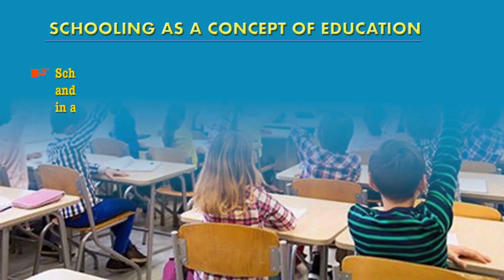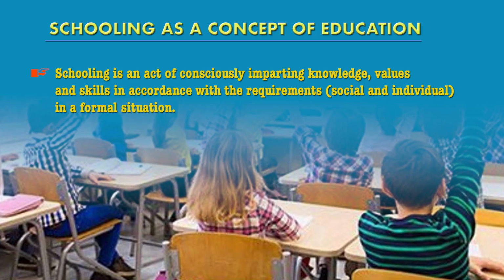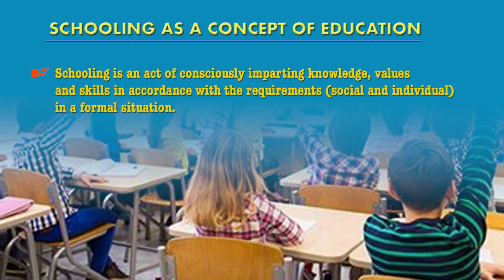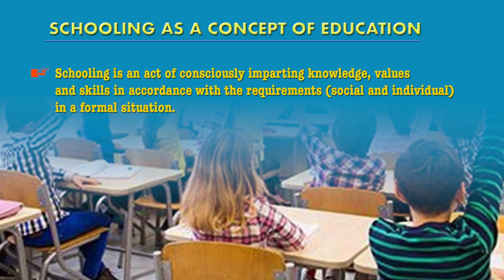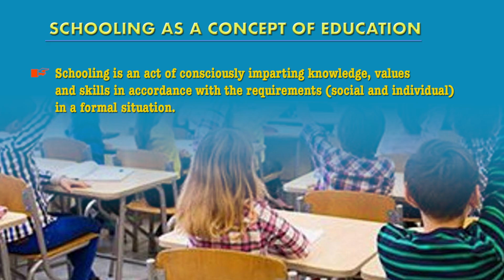With the interaction, students learn many things, students experience many things, and further they practice that knowledge in their lifetime. And further we can say schooling is an act of consciously imparting knowledge, values and skills in accordance with the requirements, that is the social requirement and at the same time the individual requirement, in a formal situation.